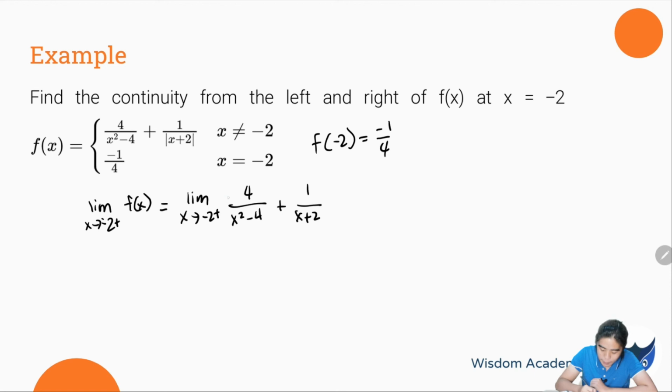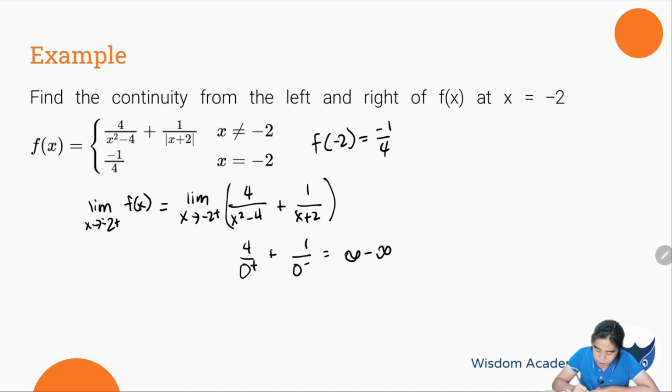Okay? So using direct substitution, we will get 4 over 0 plus from the earlier example and 1 over 0 minus. So this will equate to infinity minus infinity.